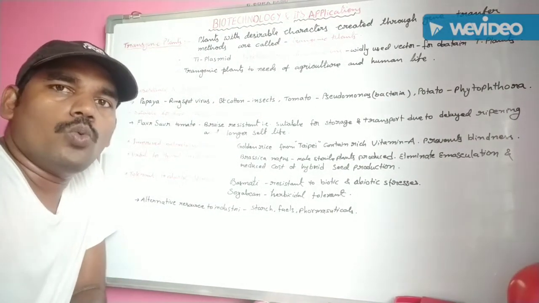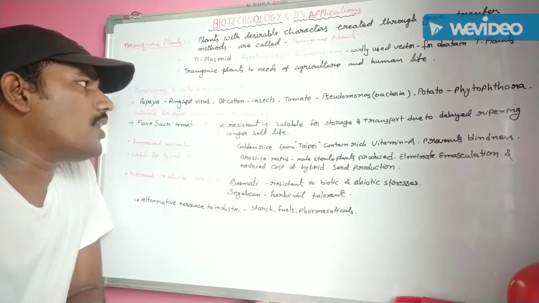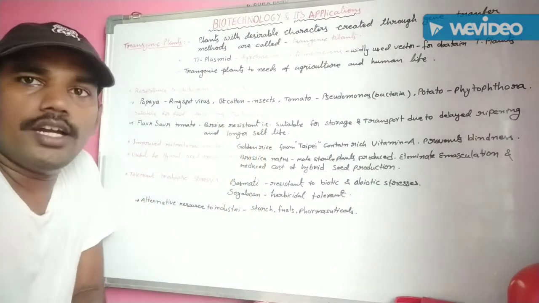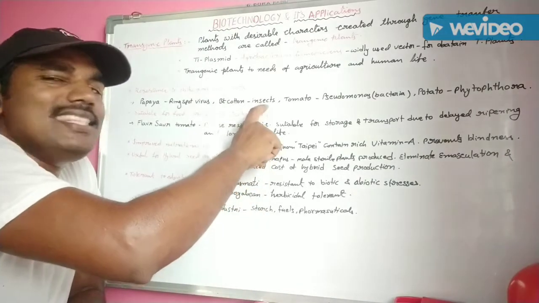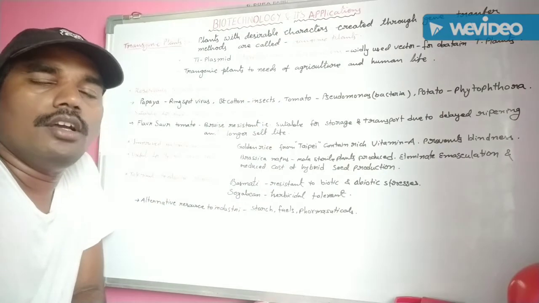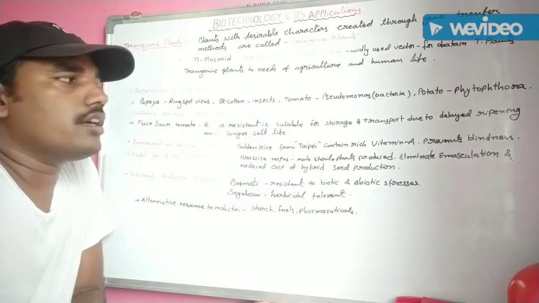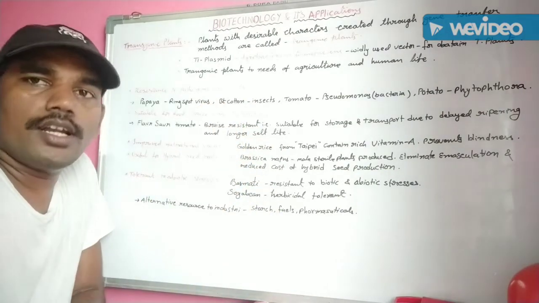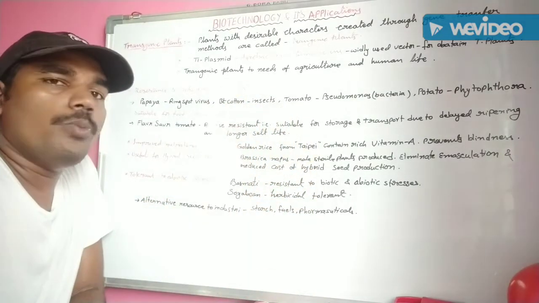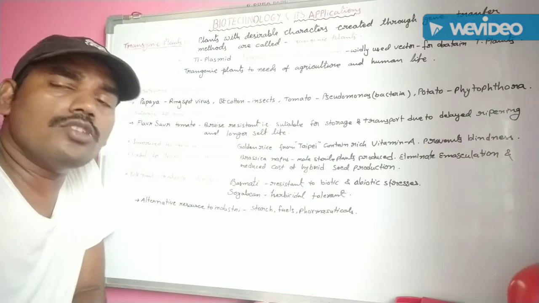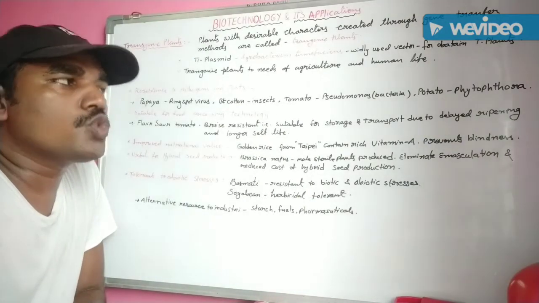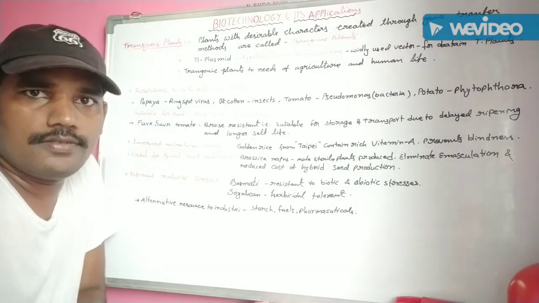Ring spot virus. Some transgenic plants like Bt cotton are resistant to insects, caterpillar-like insects. The next one, transgenic tomatoes, are also resistant to some bacterial diseases, especially Pseudomonas bacterial diseases.